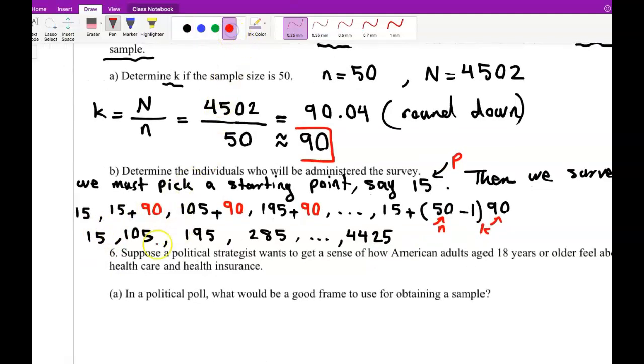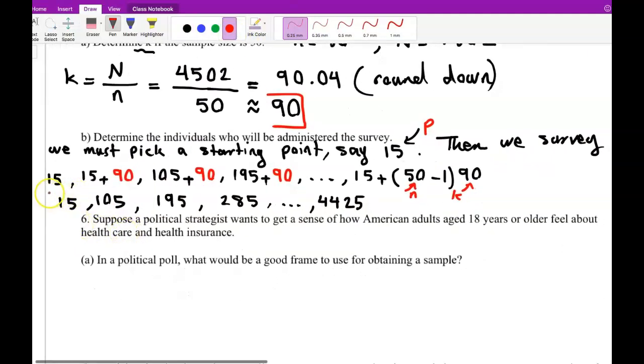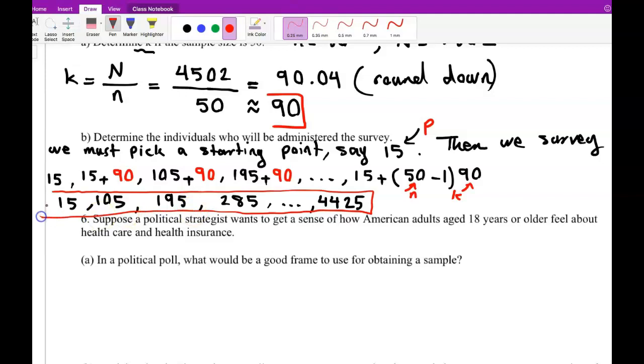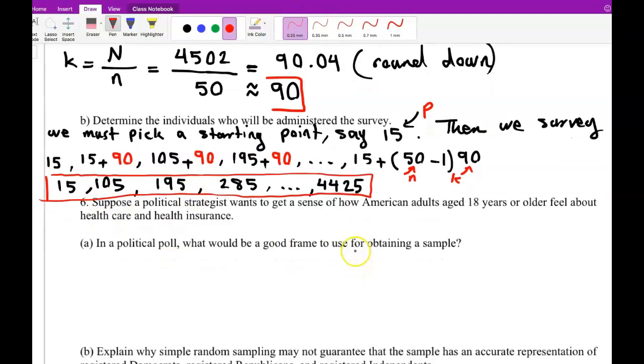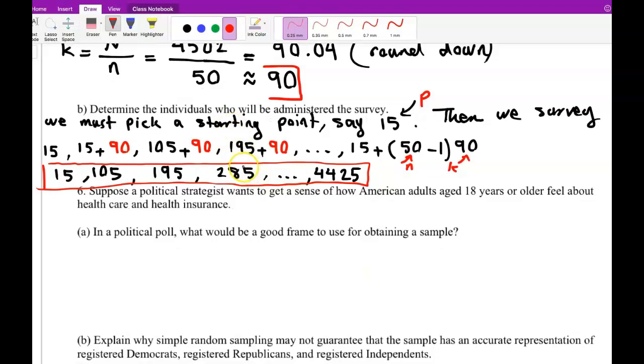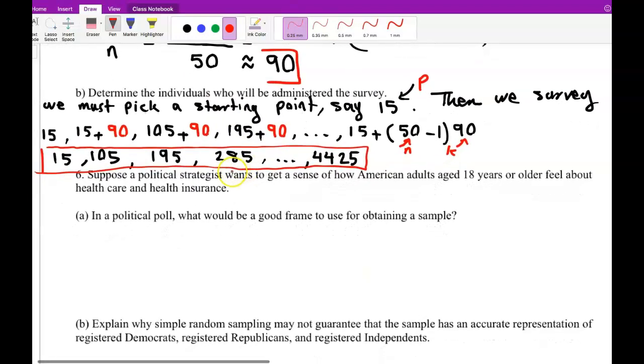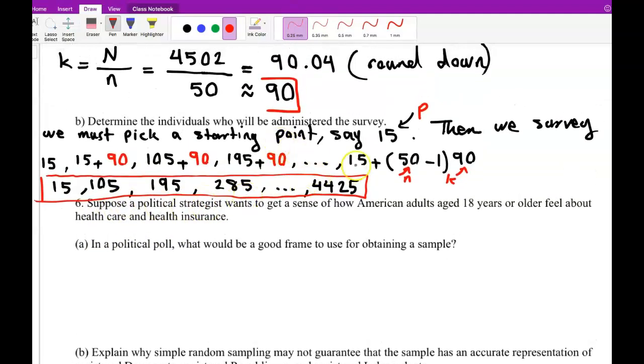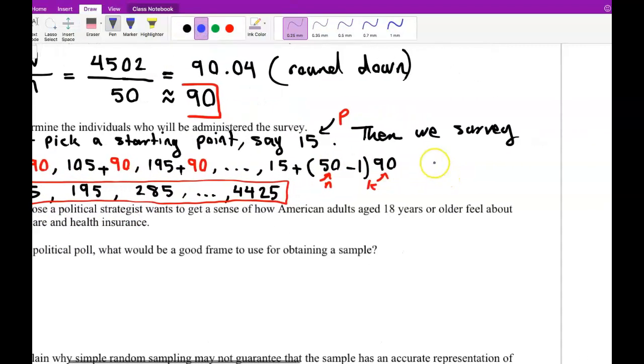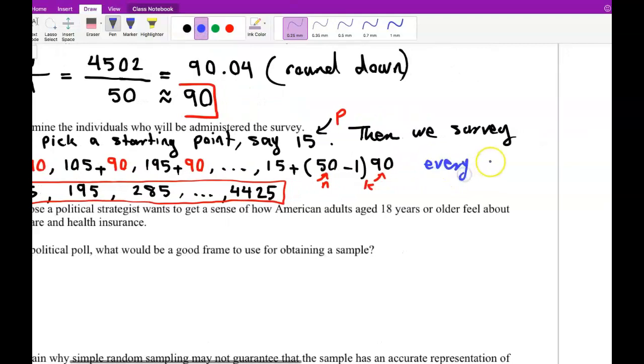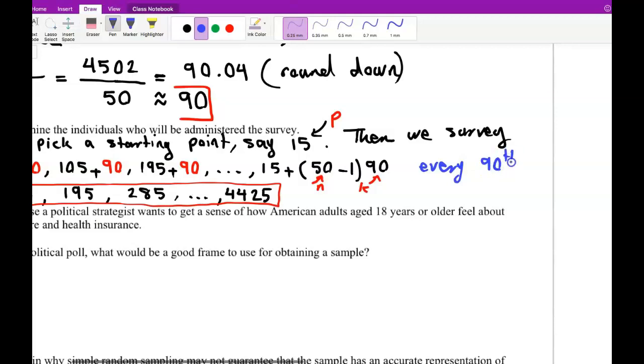This is our sample, and it's the final answer for part B. What we did here was that every 90th was selected to obtain the sample.